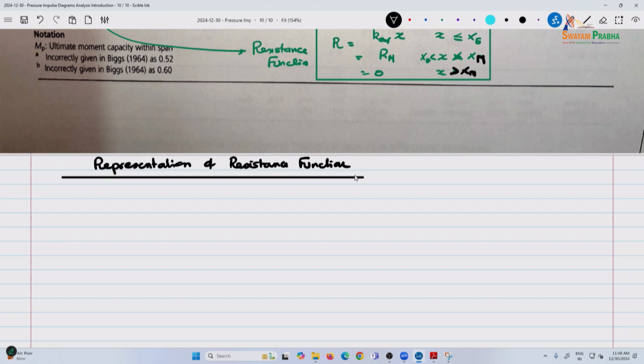Or what is a resistance function? Now, two quantities that are important in any beam loading. Typically you may have a max shear here, and here you will have a max moment.